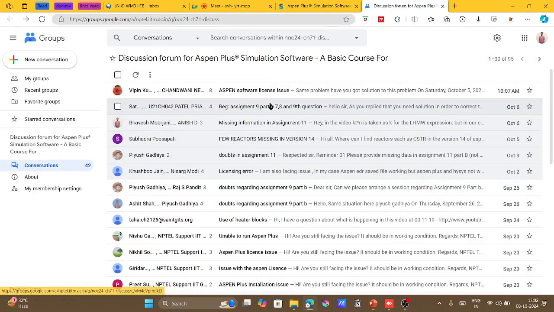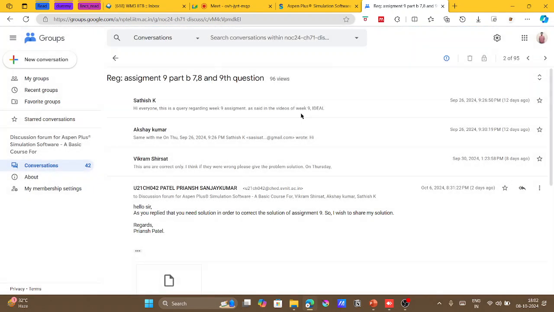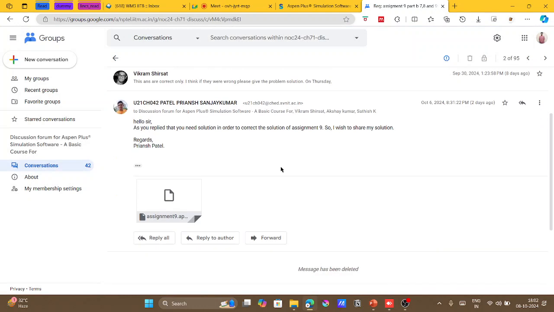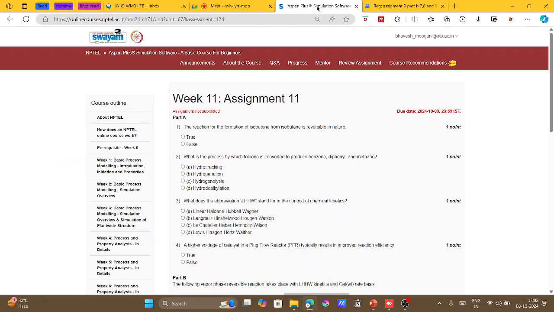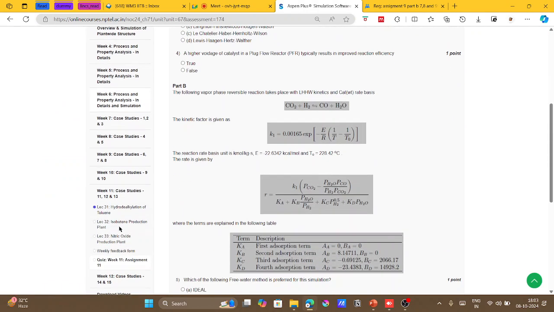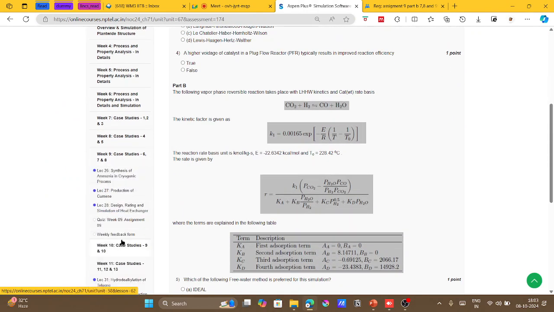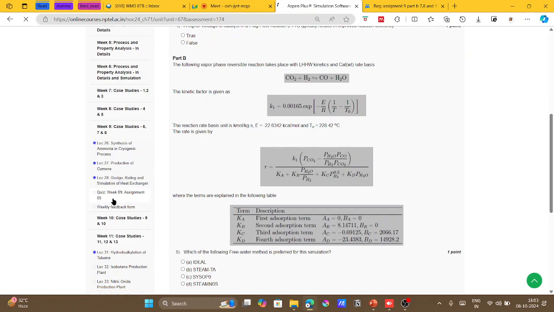Same for many of the students who have doubts on the assignment 9 part. Here also, for the given data, when we perform the simulation, we are not getting similar results to those provided on the Swayam portal. So for that also I have asked sir if he can look into that. Once I get any update, I will inform you guys.